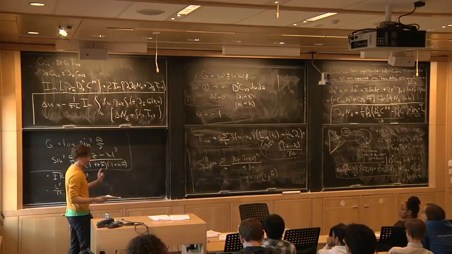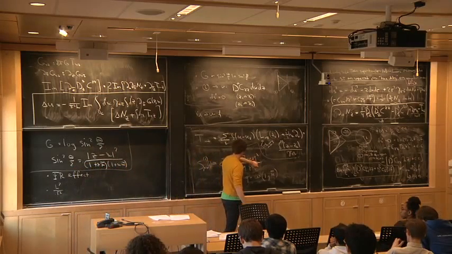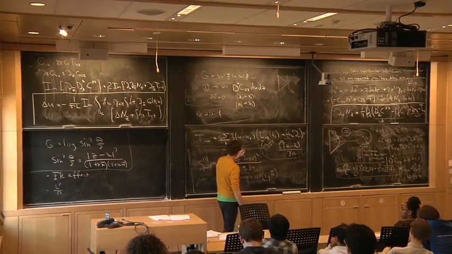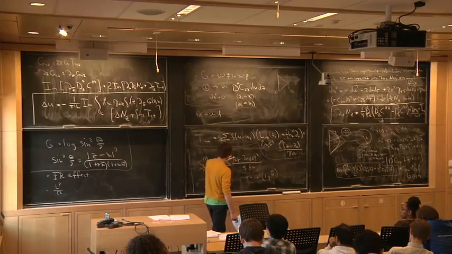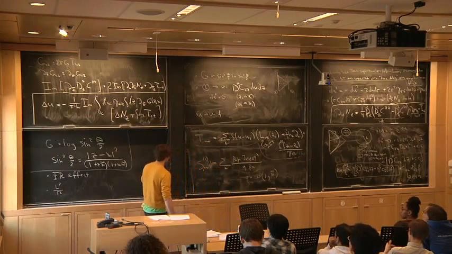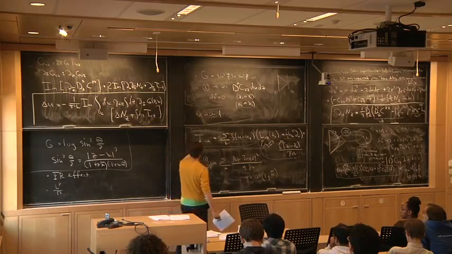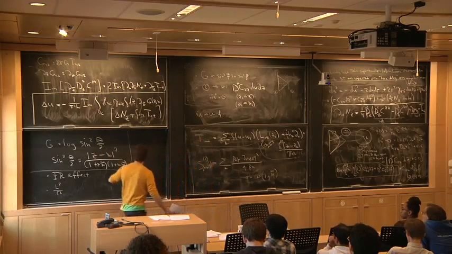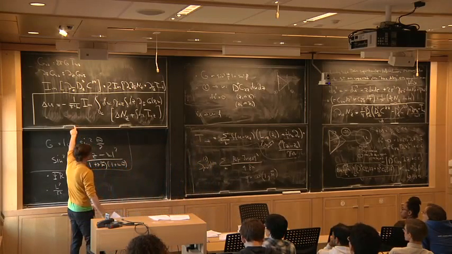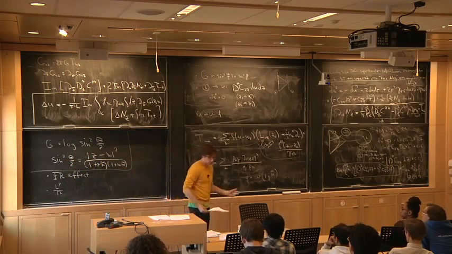I don't know if it will be online or something, but you can check that. If you plug in this relation between the soft factor and this, and use the soft factor as we used for the original memory, you reproduce this formula with this tensor and this delta u. It just works very similarly.